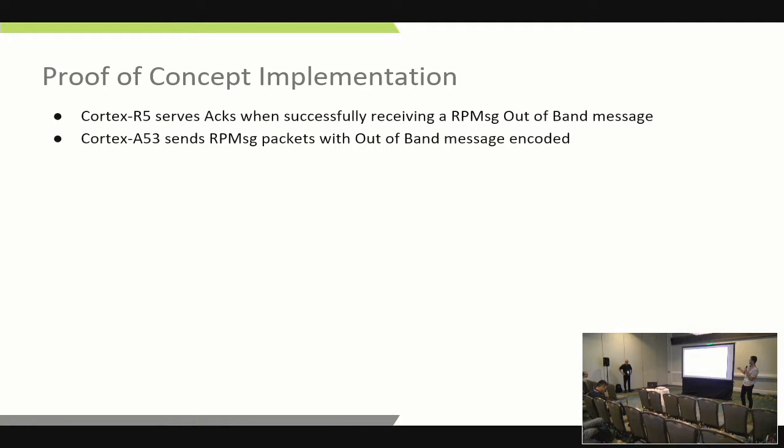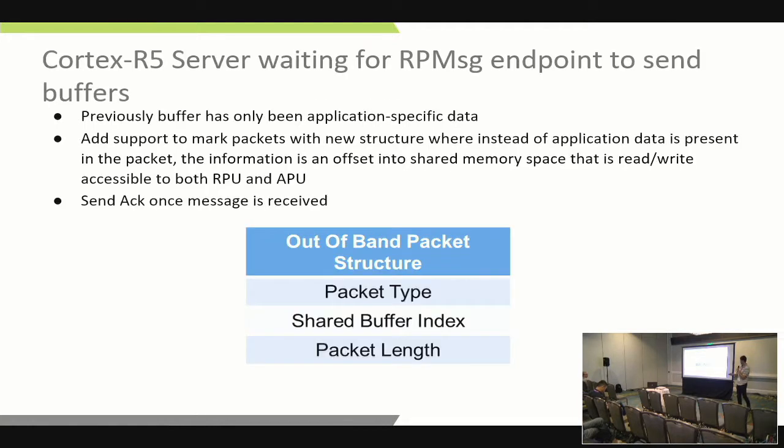And then on the Cortex A53 side, there are a few parts. First is the out-of-band init message once it sets up the environment, as well as the out-of-band data messages to be sent. So on the R5 side, we have the new packet structure atop the RPMsg structure: the packet type, which is either init, data, etc. The shared buffer index, which is the index into the statically defined shared memory space between the A53 and the R5.